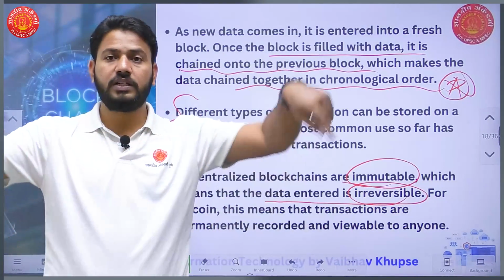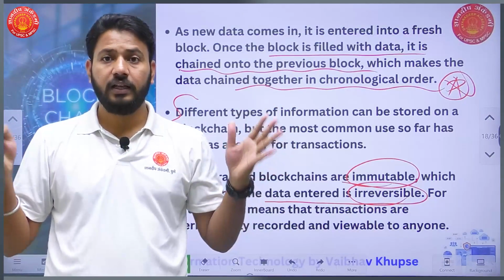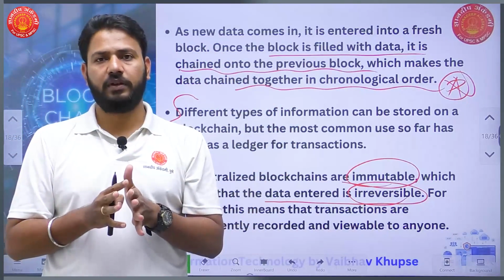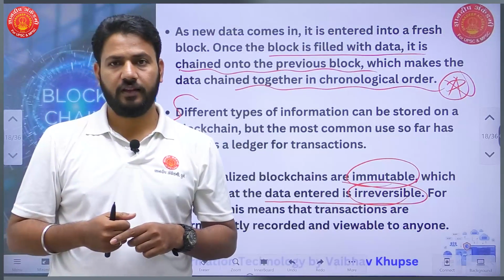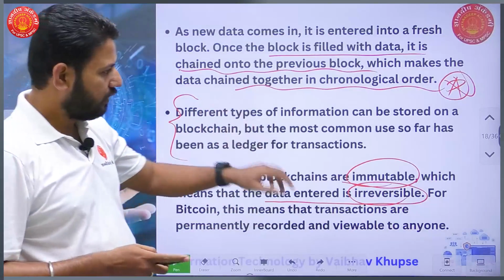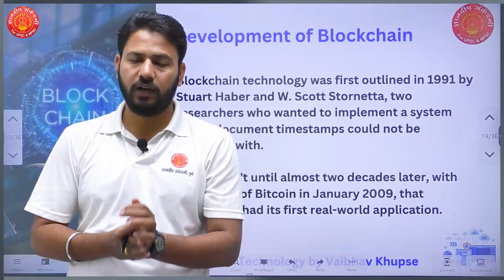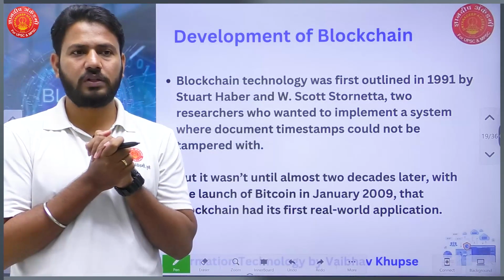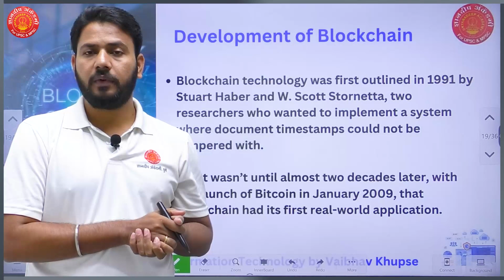Nodes means all the devices within the network to whom the blockchain is broadcast can see this transaction happen. It is because they will be the ones verifying the transaction. Right? So, this is how a blockchain is. Now, how did blockchain develop? Was it in 2009?